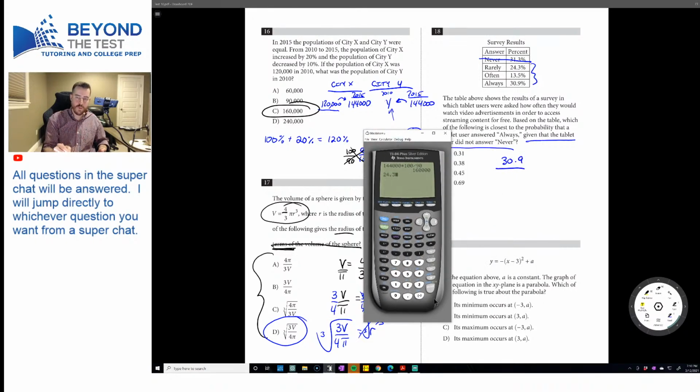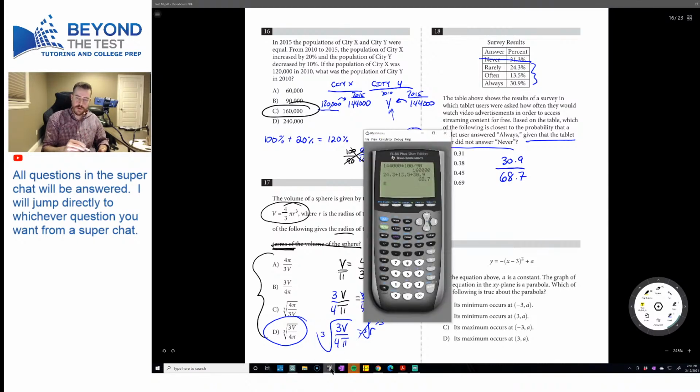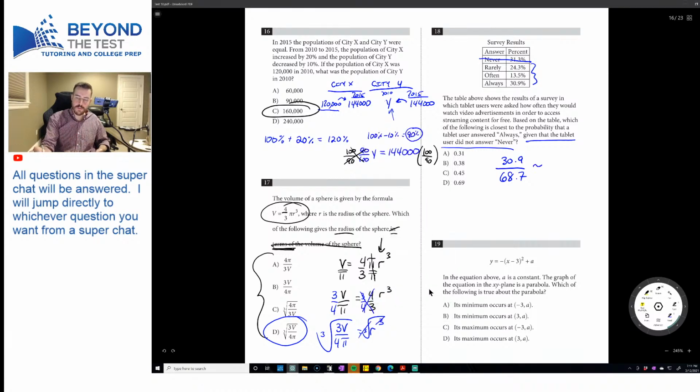So we have 24.3, 13.5, and the 30.9. That gives us a total of 68.7. So then the probability here, we're just going to take 30.9 divided by 68.7, and we get 0.449, which is roughly 0.45, or choice C here.